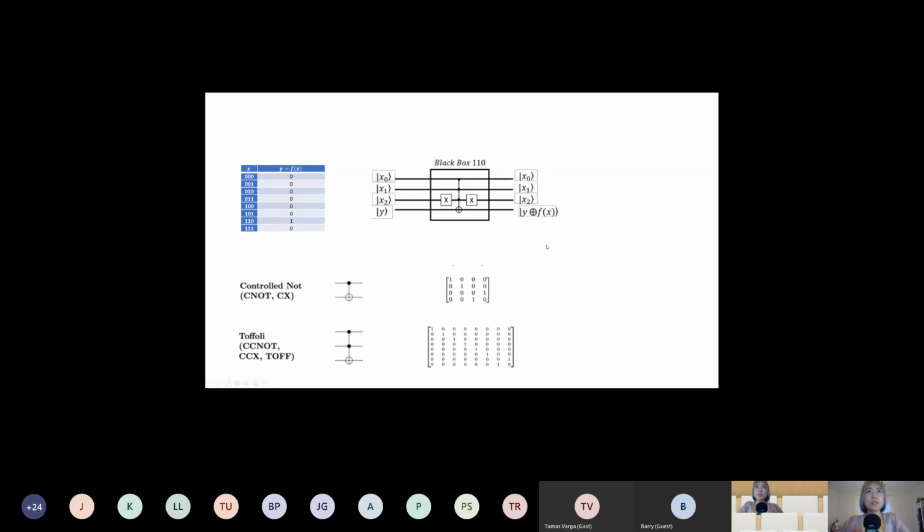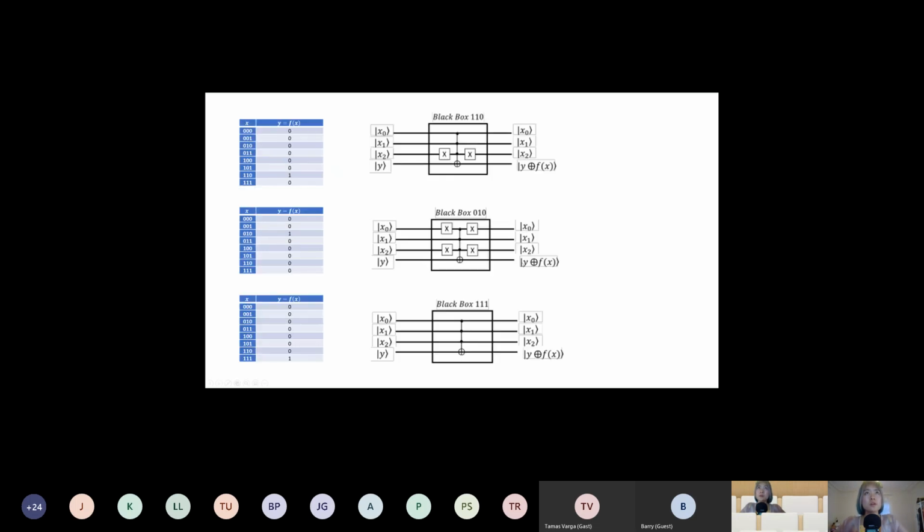And I forgot to mention that the oracle also needs to be set up in order to make a unitary operation. So that's another need for setting up oracles. If all these sound very new to you, definitely go back to the previous sessions. Similarly, you can build other black boxes, still using 3 qubits as examples.